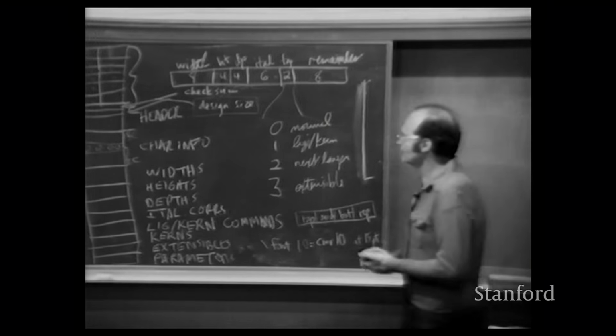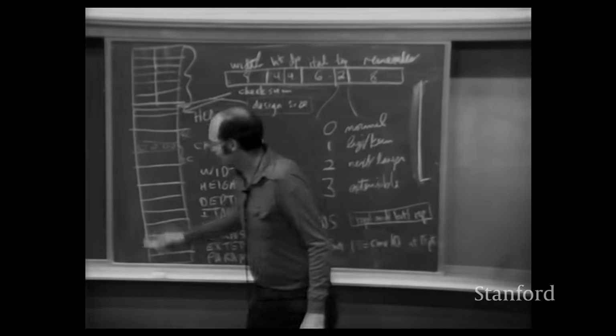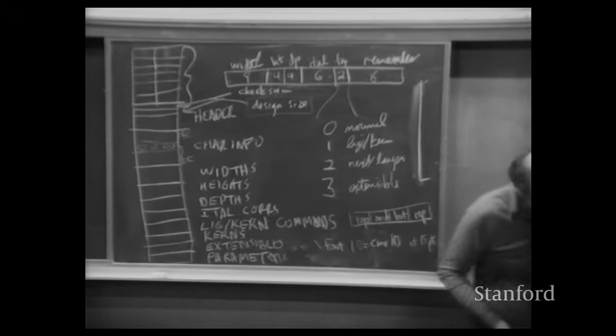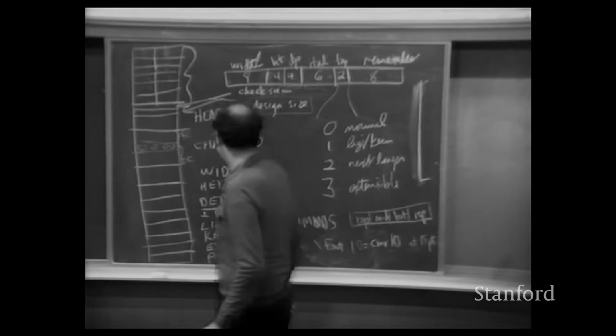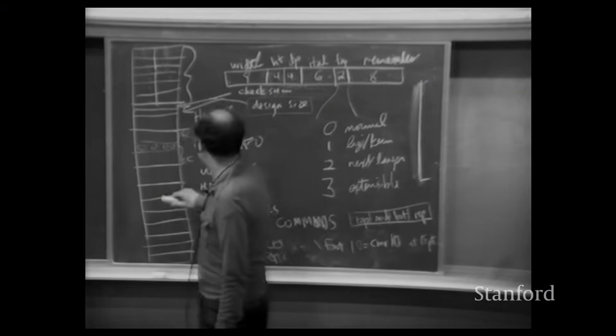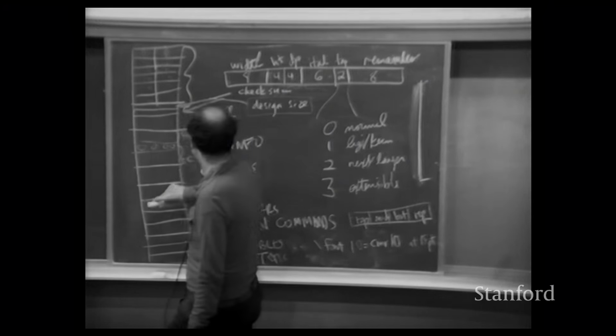Now these widths are actually given as what the documentation calls fixed words, and fixed words are fixed point things that have 20 bits to the right of the decimal point.